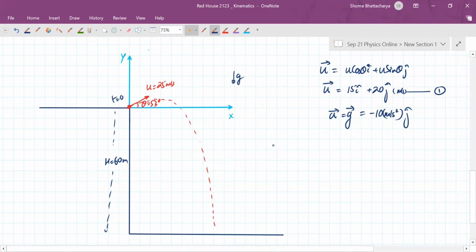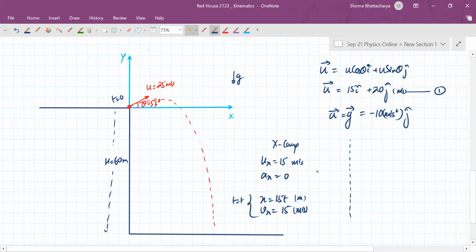You can see that your horizontal component looks like this. Your ux is 15 and acceleration's x component is 0. So x coordinate at time t becomes 15t and x component of velocity is uniform at 15 meters per second. This should be very easy and natural for you to work out in all projectile motion cases.